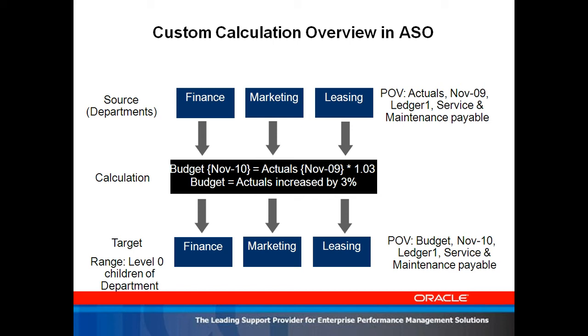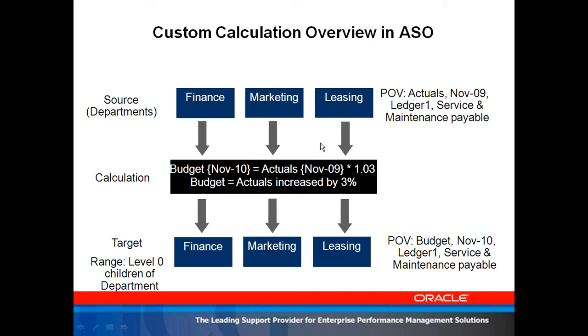Here's an example of a custom calculation. In this example, we're calculating the budget for the next year. We're going to take the actual data. Here you can see the point of view of actuals November 09 and increase them by 3%, which we'll do in the calculation, obviously.